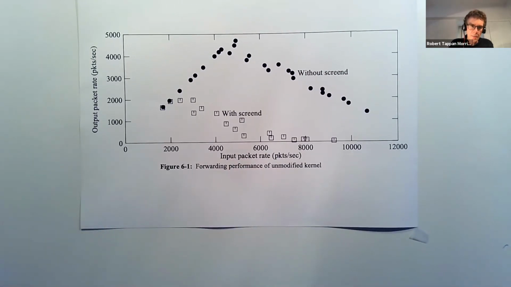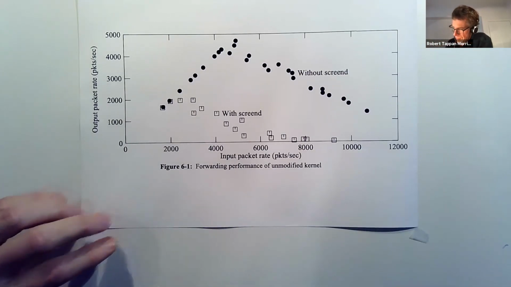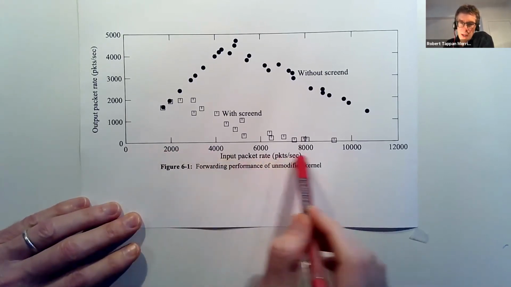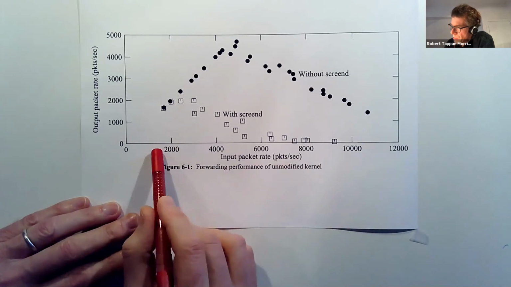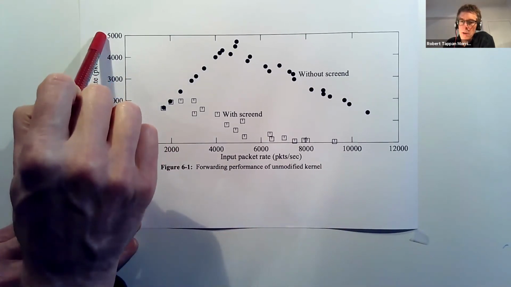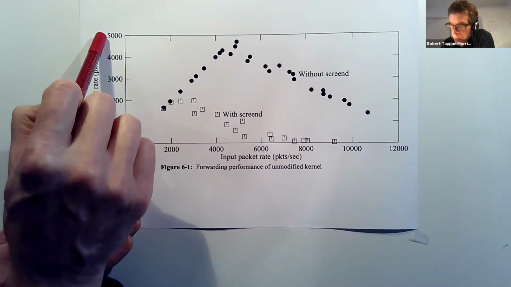What we're looking at here is the performance graph for a router. There is a router with 2 NICs, whose job is that packets come in one NIC, and it's supposed to just send them out the other NIC. The x-axis is the arrival rate at which packets arrive at the input NIC. And the y-axis is the output rate at which packets are observed to leave the output NIC.